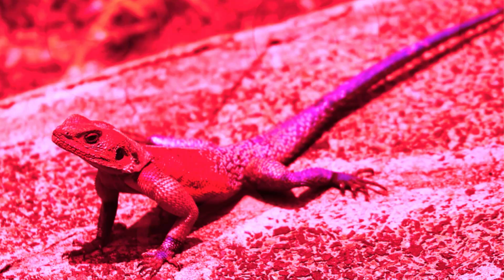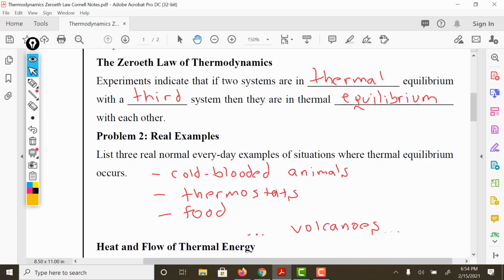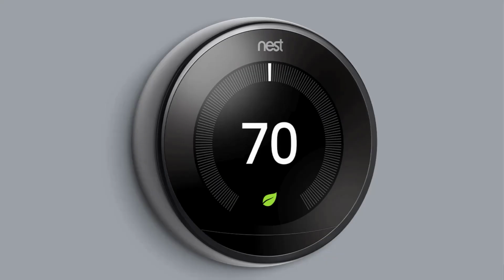If it's too hot outside, then their temperature matches that same temperature as well. So then they would be in thermal equilibrium with each other. In other words, thermal equilibrium is when objects in a system have the same temperature and there is no heat exchange between them.